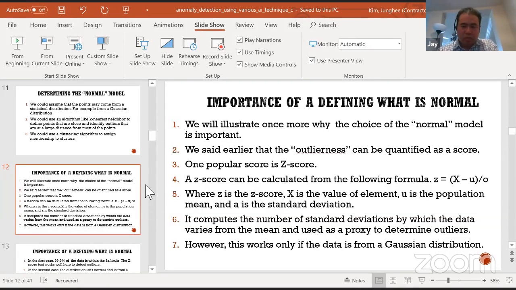We have to see the distribution, and know what the main signal is and what we are looking for. The z-score is one of the popular scoring ways, and also the Gaussian distribution. Another term is normal distribution. So we can see what the normal signals are, that we have the main signal, and also what can be outliers.